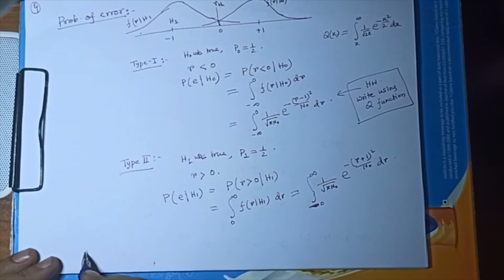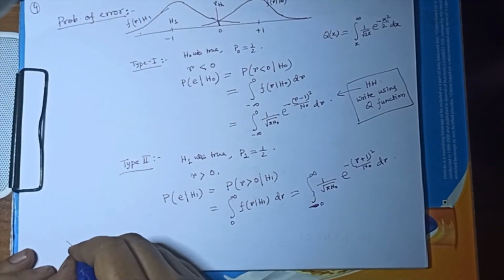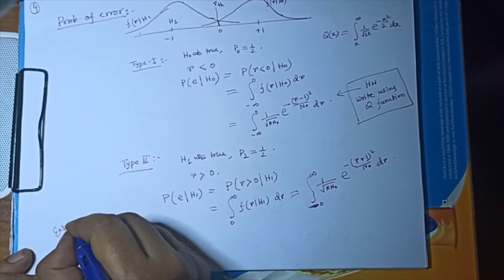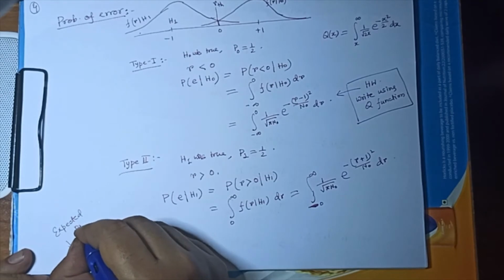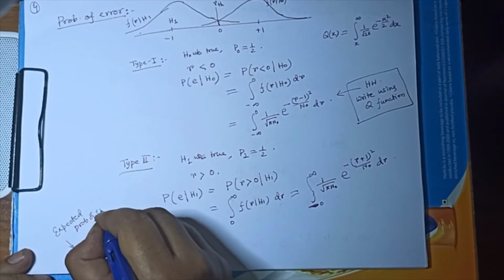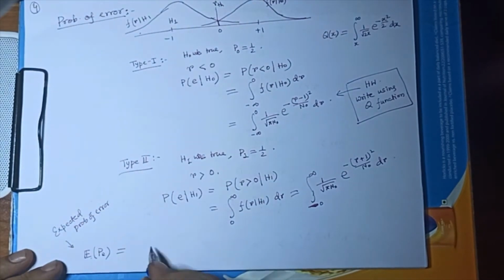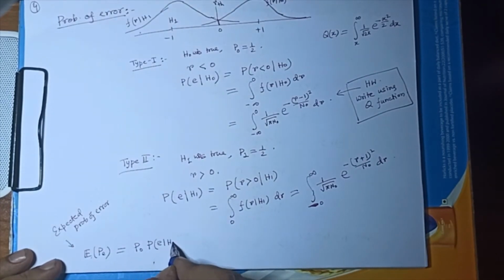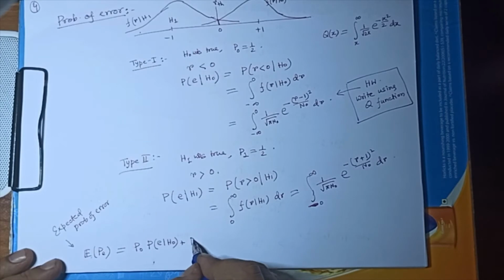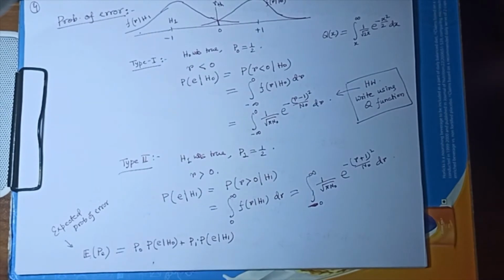So the expected probability of error is essentially P0 into PE given H0 plus P1 into PE given H1. That is your total probability of error.